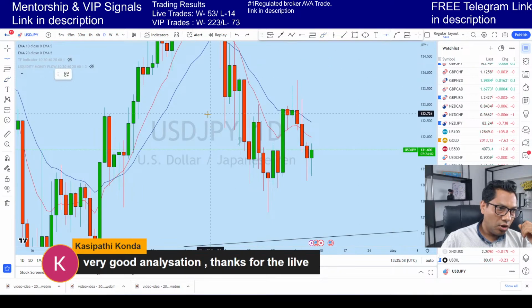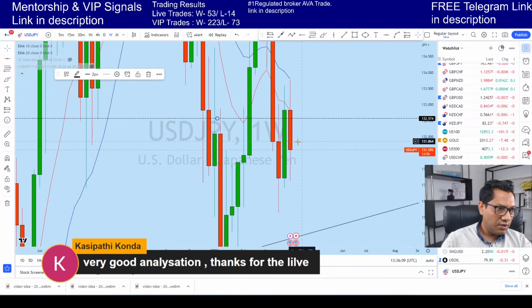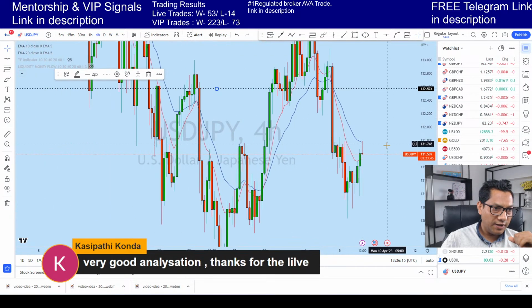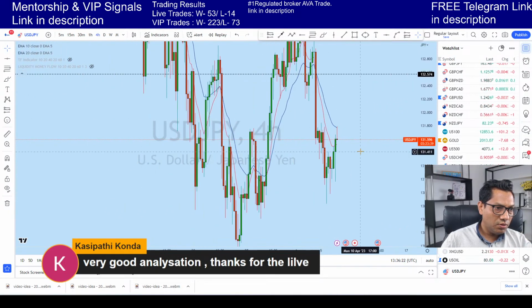It could happen that dollar yen goes to test this zone, the bottom of this doji, where there is a daily 20 EMA as well. If that's the case, dollar yen went to that zone and comes back down. Normally the price moves like that. From this 20 EMA there is a primary rejection from this resistance zone, testing this 20 EMA.